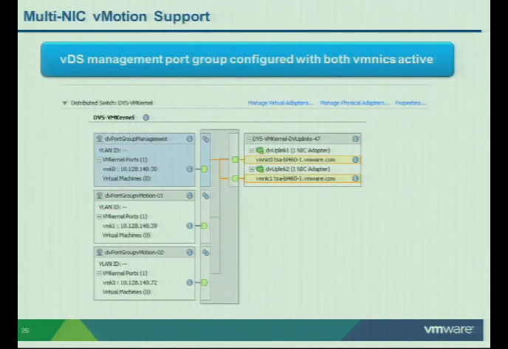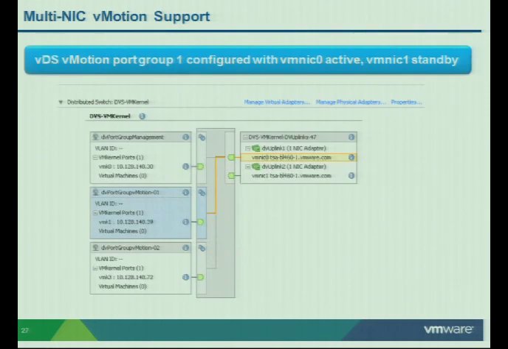So in a common configuration here, say just for our VM kernel management port, if I highlight the VM kernel port on the left, you can see what my active VM NICs are on the right. In this case, they're both active. To configure vMotion to use multiple NICs, we would have to create a new port group.